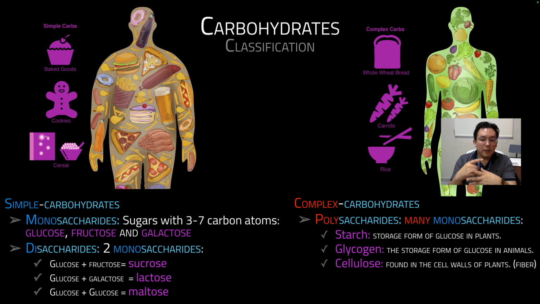The difference is that starch is present in plants, just like cellulose, but glycogen is exclusive to animals, mostly in the liver and in the muscle. That's where you store it. So starch and cellulose have in common that they are plant-based, and starch and glycogen have in common the storage of glucose in the system. They differ in the organism where they are stored.